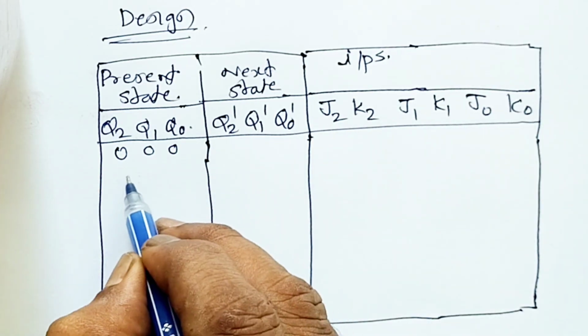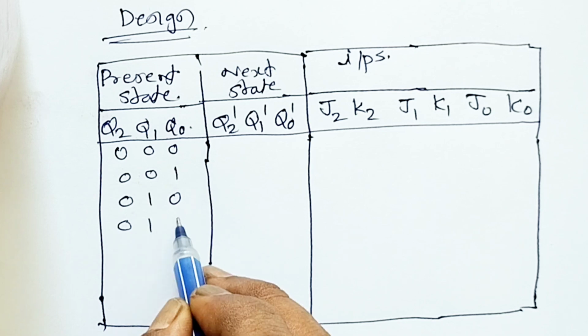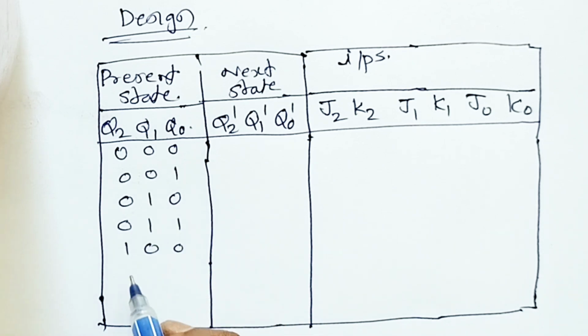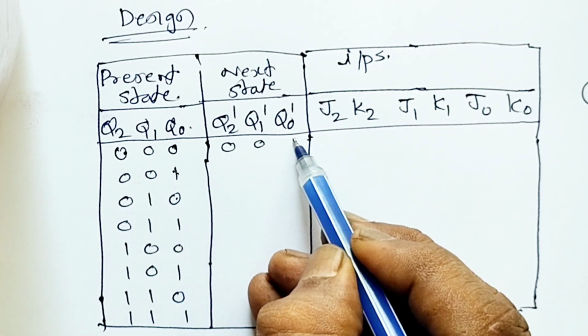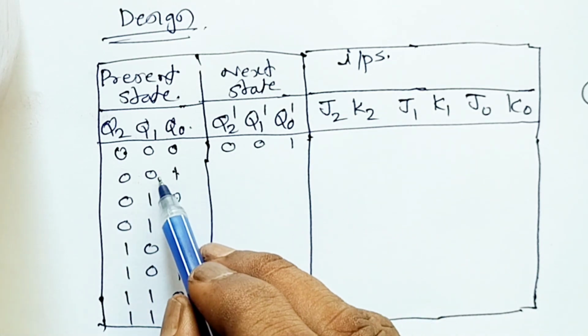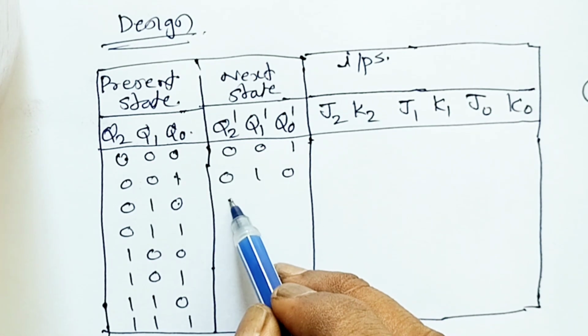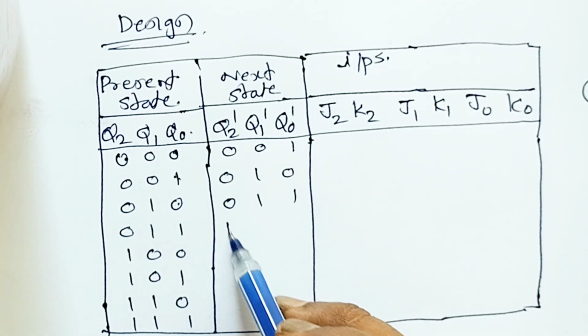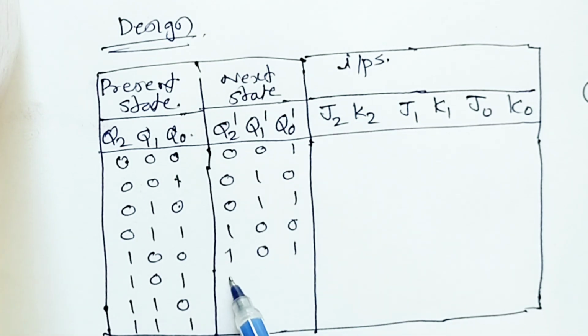And now moving on to the next state. For the present state 0 0 0, the next state is 0 0 1. So we need to write the next state of the present state 0 0 0, and here it is 0 0 1. And for the next combination, that is present state 0 0 1, the next state is 0 1 0.